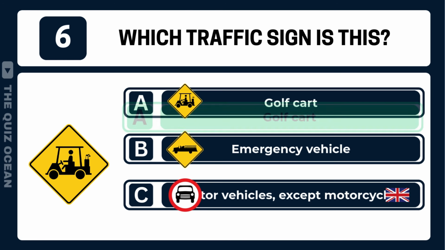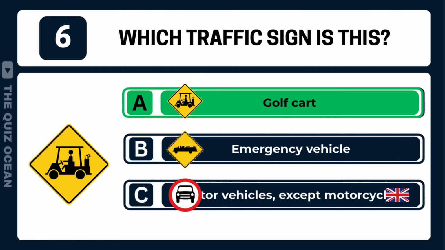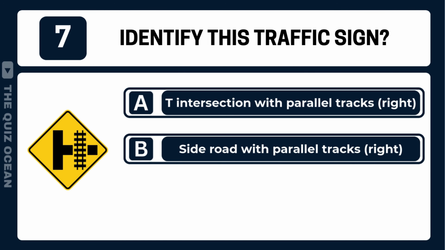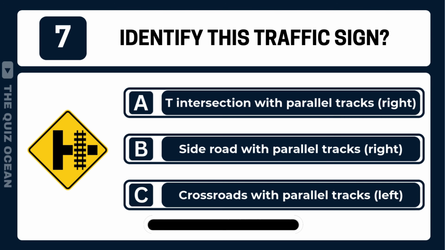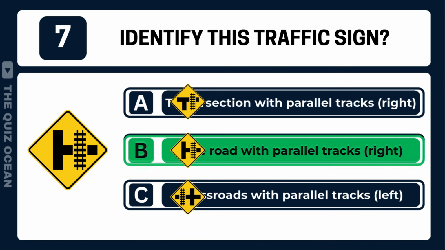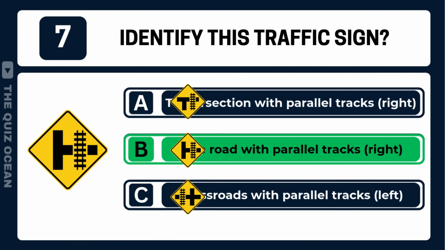The answer is A. Golf cart. Question 7. Identify this traffic sign. The answer is B. Side road with parallel tracks. Right.